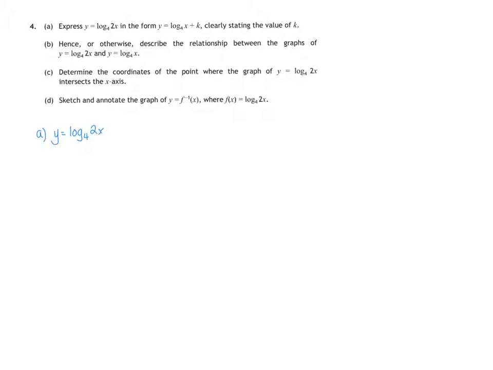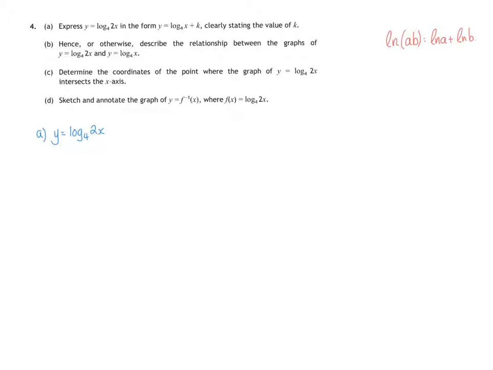We know that if we have any log, so I'll just do log and then we've got ab, that's the same as the log of a plus the log of b. So we can split our log up.